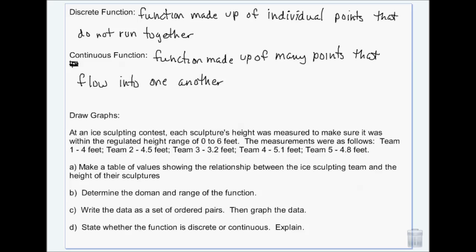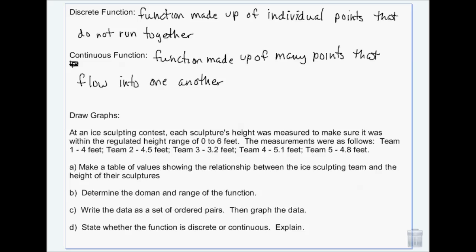But those don't run together because it's not like between day 1 and day 2 the marbles are gradually growing into 10 marbles. It went from 5 marbles for the first day, and then when I threw 5 more in the next day, it's now 10 marbles. Do you see what I'm saying?